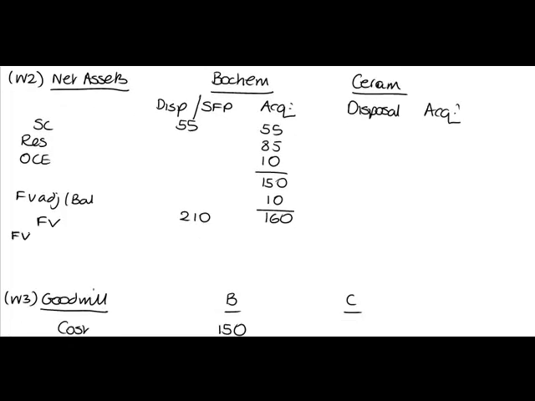Well, we've got the fair value adjustment to put through. That fair value adjustment was 10 million. When did we acquire Bockham? May X3. It's now April X5. So can you see I'm going to charge 2 years extra depreciation at 2 a year. So that means we've got a figure of 216 for net assets.